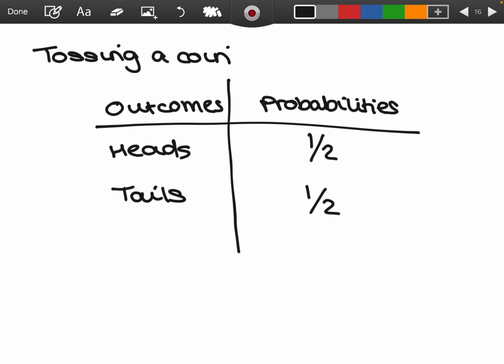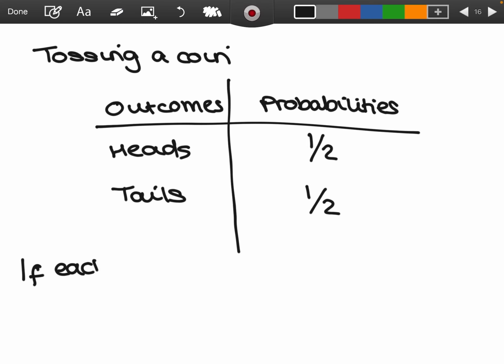I have two different outcomes that are equally likely to happen. Whenever you have one of these particular experiments where all of the events are equally likely to happen, you take the number of events n, and then 1 divided by n is the probability of each event occurring.